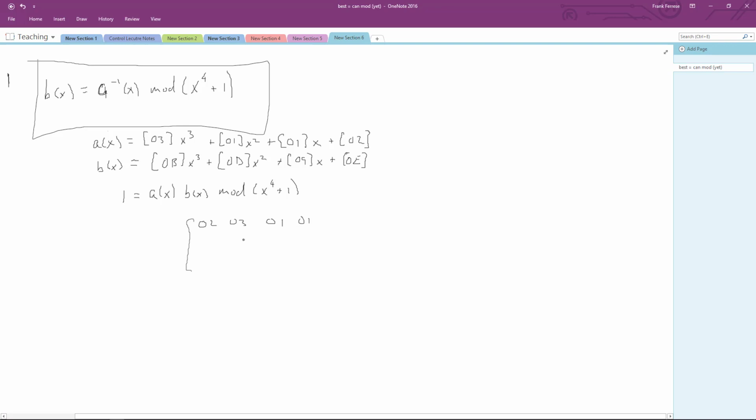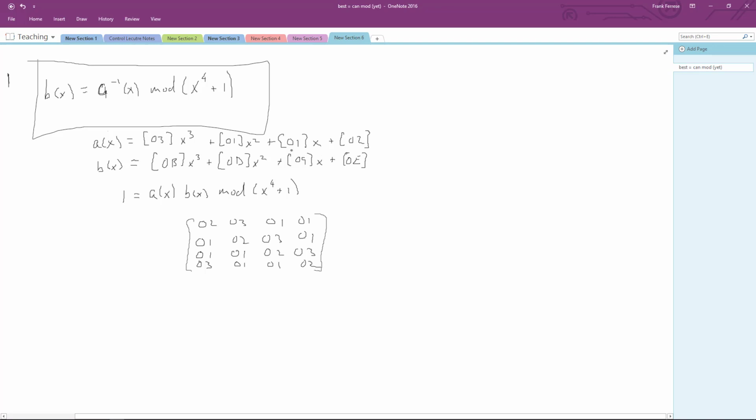And if you remember, this just keeps getting shifted. So the next one is 01, 02, 03, 01. The next one is 01, 01, 02, 03. And the final row is 03, 01, 01, 02. Okay, so that's our mixed columns matrix.